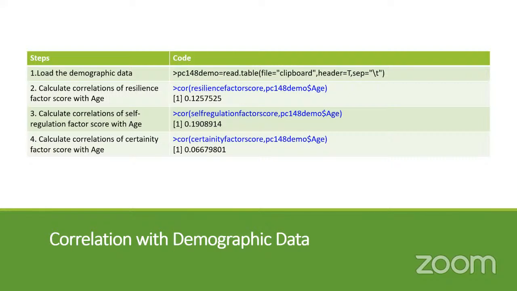It is 0.19, maximum 0.19 with the self-regulation factor score. And for resilience, 0.12. That means here you can think that, in the data you collected, age is not an important indicator for the change in the three value patterns.